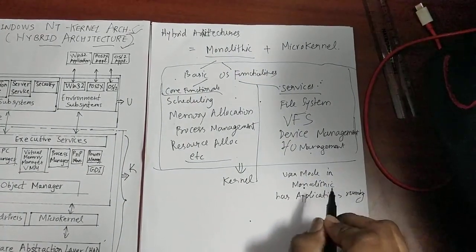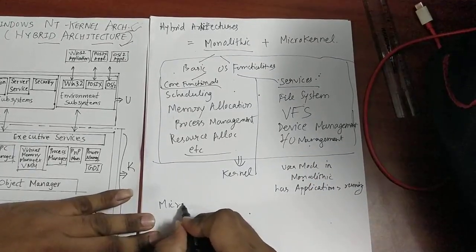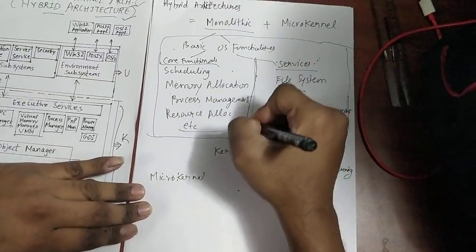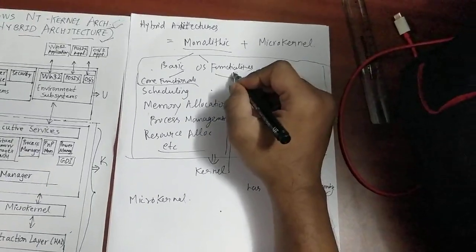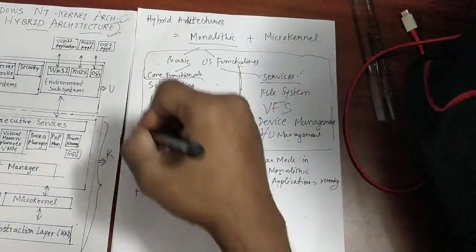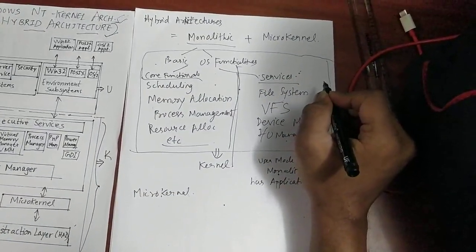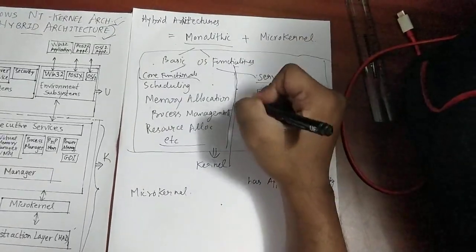User space has not much significance, but in microkernel architecture, the kernel has been given a few relaxations, because maintenance of all these functionalities and such a huge level of programming is not that easy.